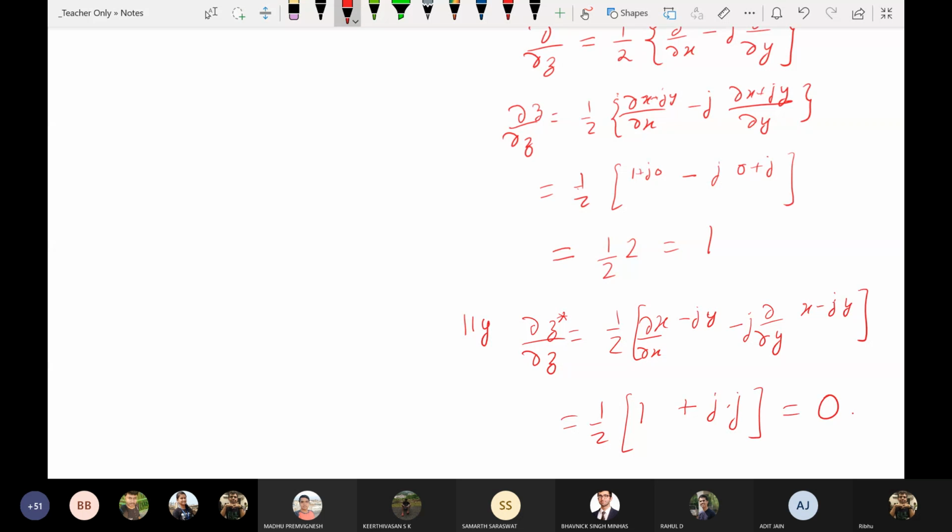Fine. So if the real and imaginary parts of a complex number are independent variables, then the complex variable and its complex conjugate are two other independent variables. Sir, is it kind of intuitive, like the conjugate and the number itself are perpendicular, in a kind of plane? Yeah, kind of that.